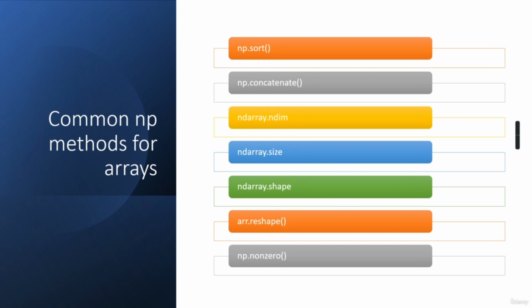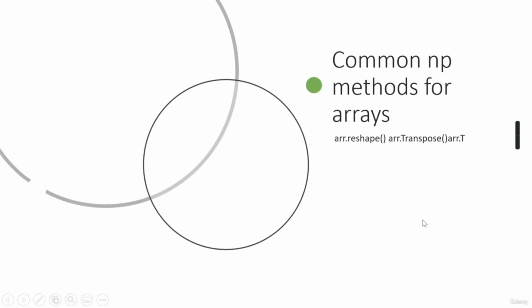So something like if you want to change an array that has 2 rows and 3 columns into 4 rows and 2 columns, then we can use array.reshape. And then we have np.nonzero, which is used to return the number of elements up to 5.